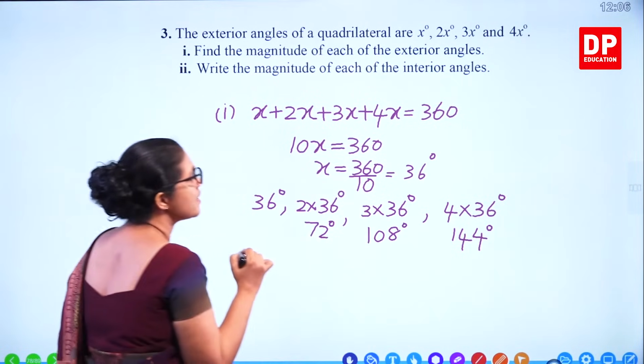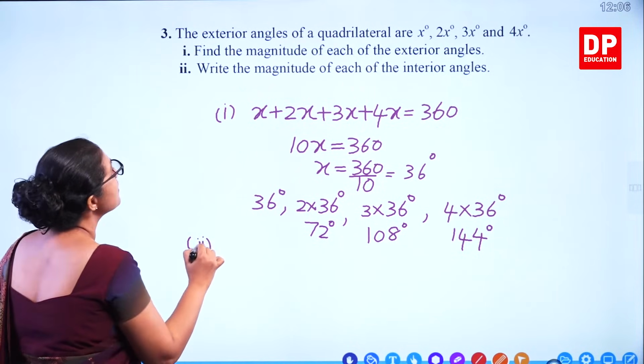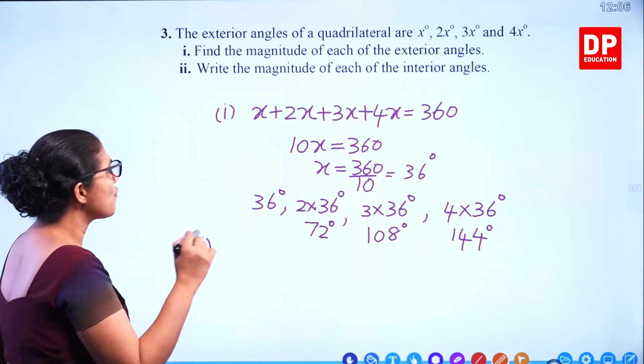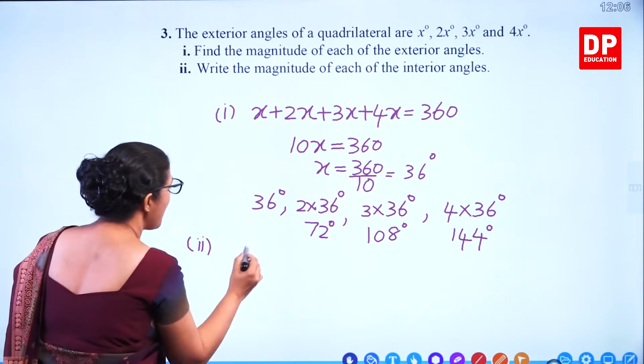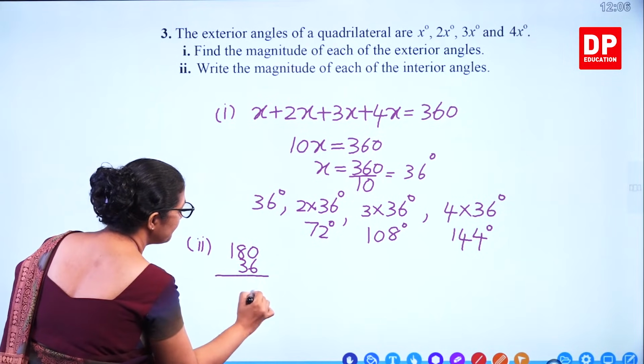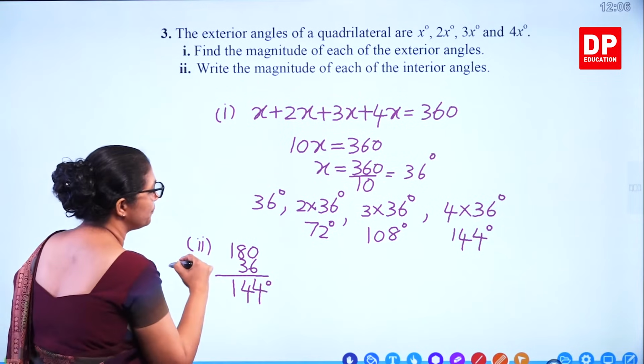144 degrees. Now the second part, write the magnitude of each of the interior angles. So subtract from 180. 180 minus 36, 144.